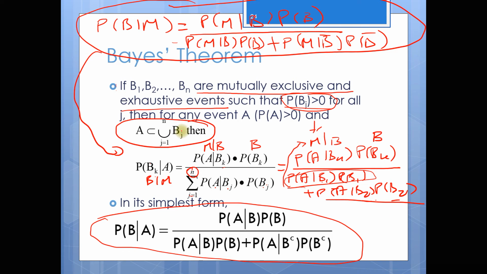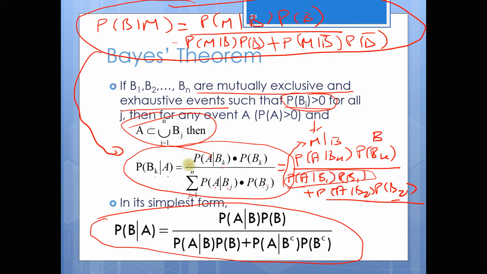Now, the question that you need to ask yourself is, what is this? A is a subset of the BJs. Let me just explain that quickly. So I've shown to you that this formula is nothing, you have nothing to be afraid about. It's just that there are different terms that you are not used to. Like the BK is one of the B's.